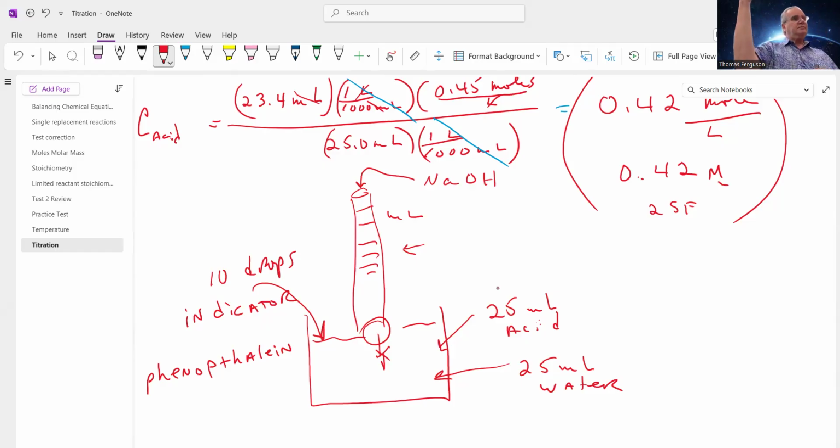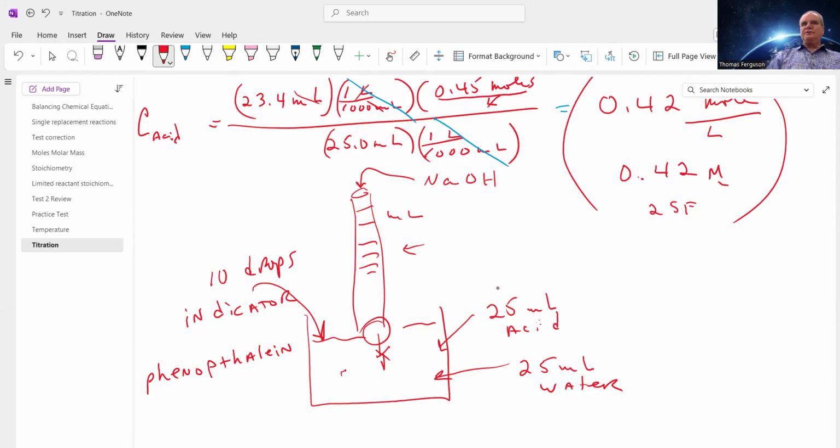So you're going to start at 0.00, use your dropper to get it exactly at 0. Then you're going to go drip, drip, drip till it turns light, light, light pink. Then you're going to read how many milliliters of base you delivered down here.